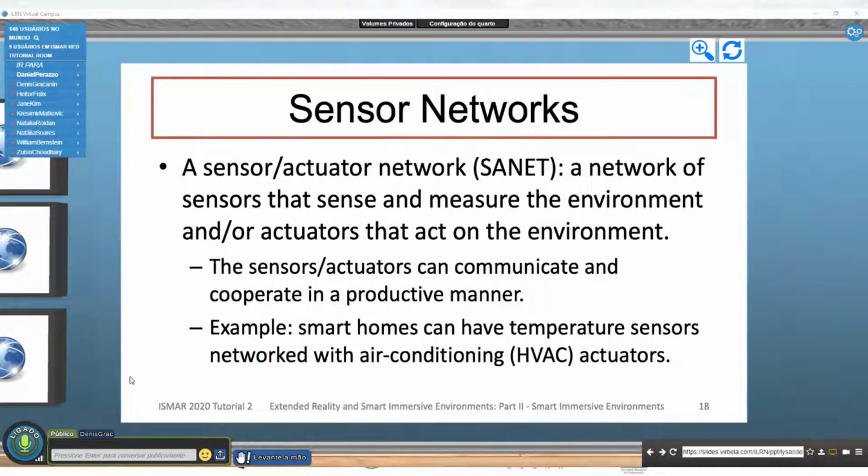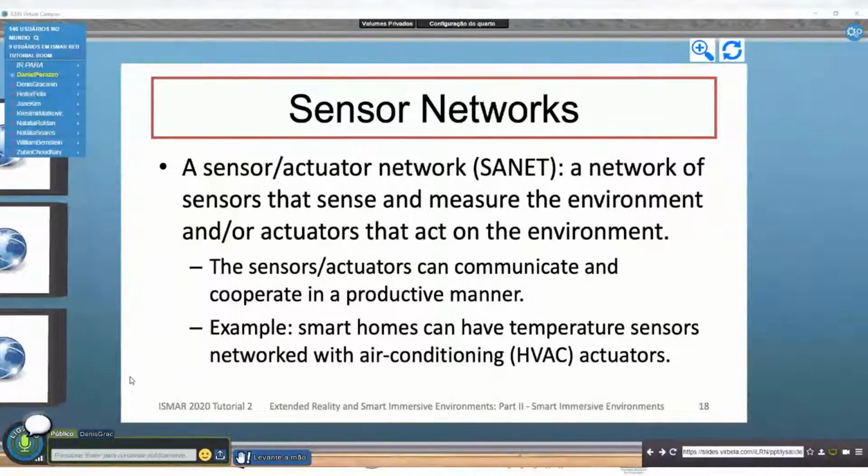Sensors and actuators can communicate and cooperate, and we have some examples of that already in smart homes. We have temperature sensors, they are networked with air conditioning, and therefore we have that interaction and communication, especially with smart thermostat.